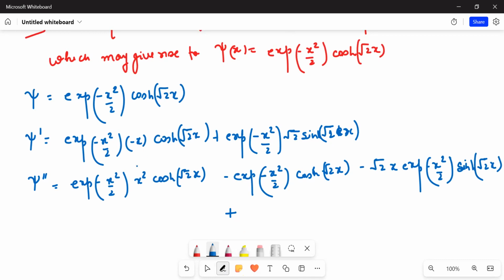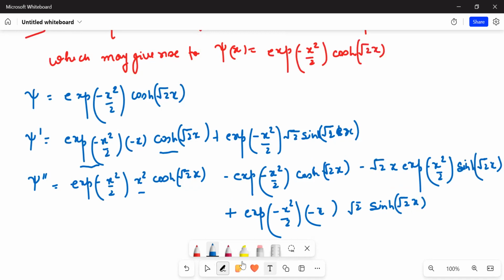So we have done the derivative of this thing, and this has come as this. We have done the derivative of this, this is fine. We have to do the derivative of this also, right? So this will be exponential of minus x square upon 2, and we'll get minus x and root 2 sine hyperbolic root 2x, and again take a derivative.